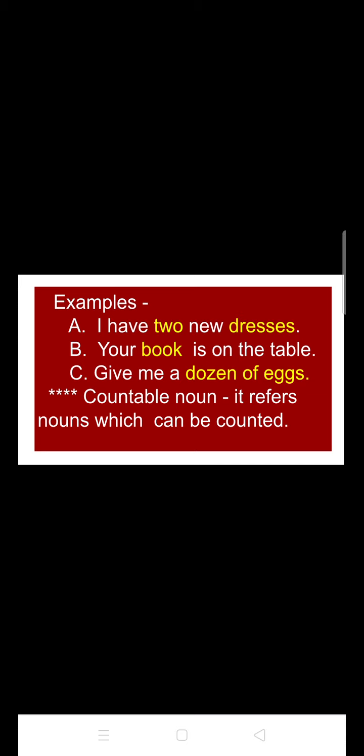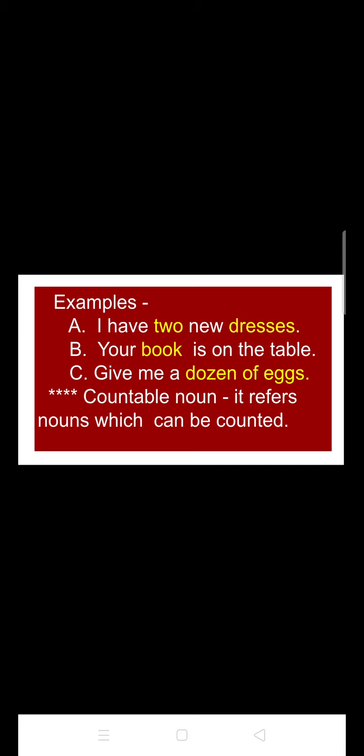In the first sentence, I have highlighted the words two and dresses. In number B, the highlighted word is book. And in number C, the highlighted words are dozen of eggs.